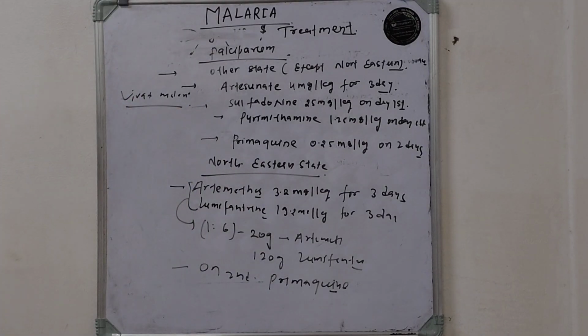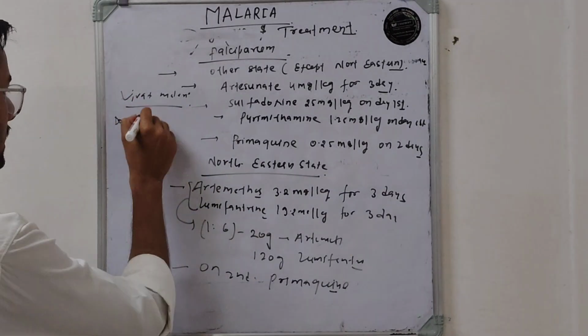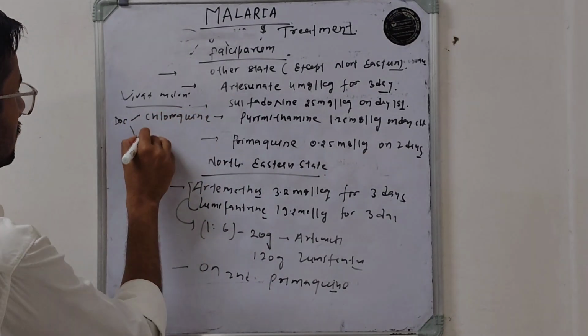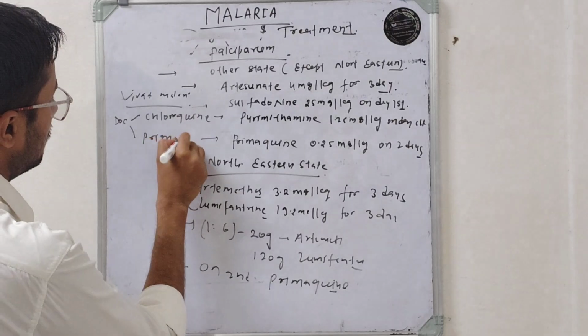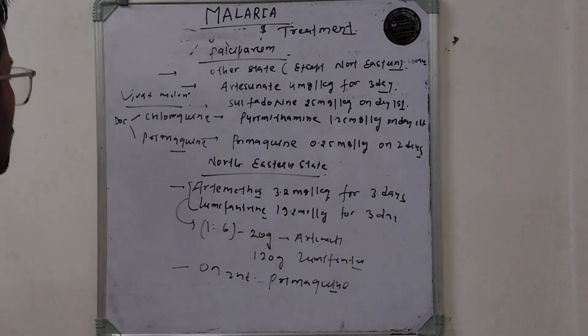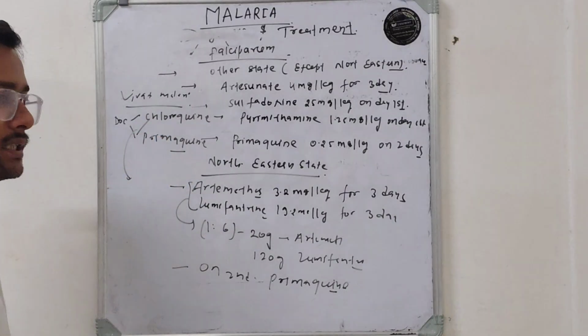So in vivax malaria, there are two drugs of choice. One is chloroquine and another is primaquine. Now here the chloroquine dose is at the start.